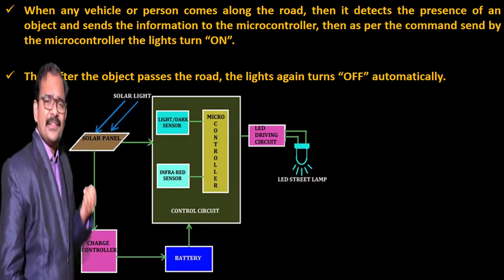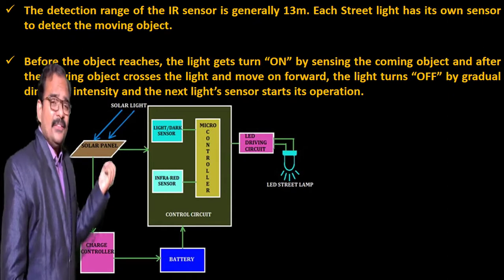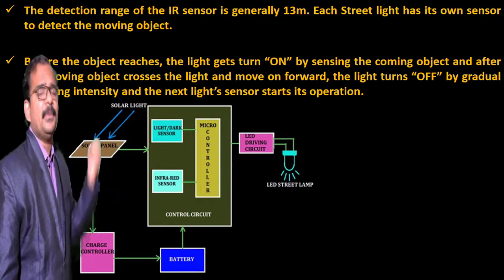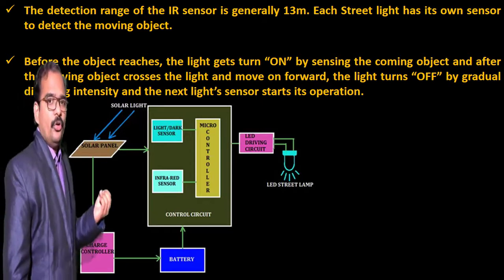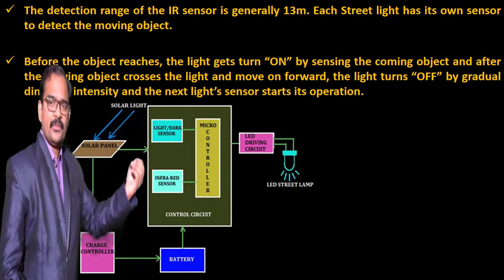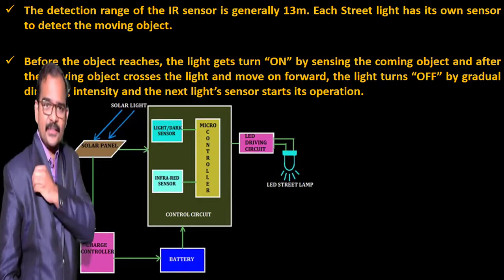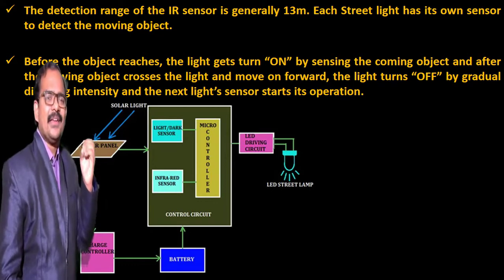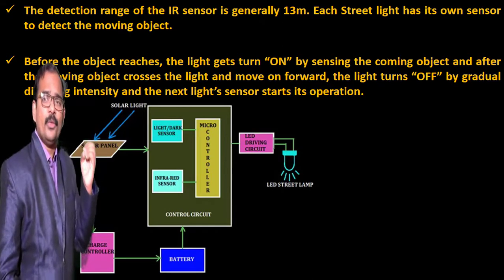But how does this IR sensor do this job? Generally, the detection range of an IR sensor is 13 meters. So it can detect an object 13 meters ahead as well as 13 meters behind its placement. That is, every street light is equipped with IR sensors to detect the moving object.